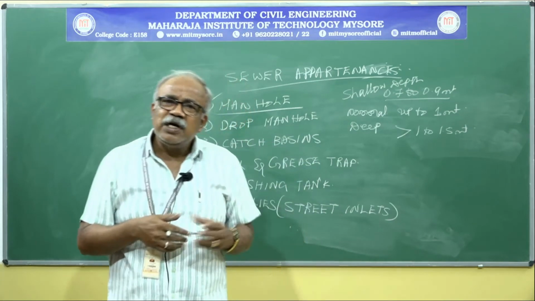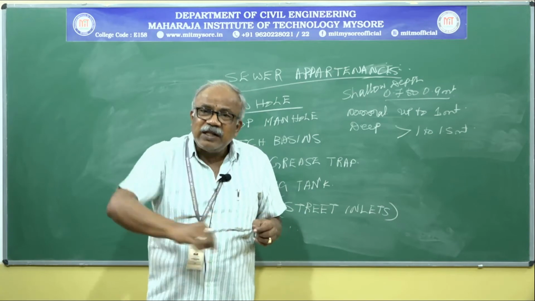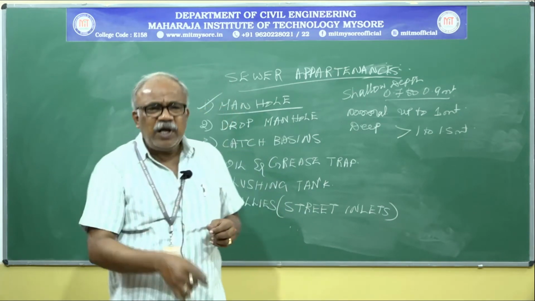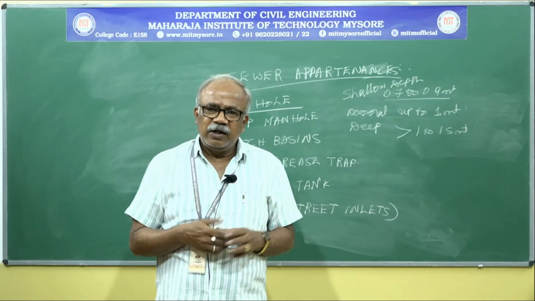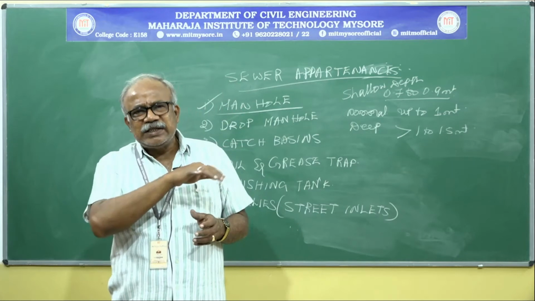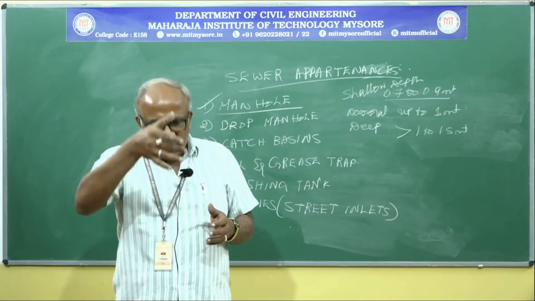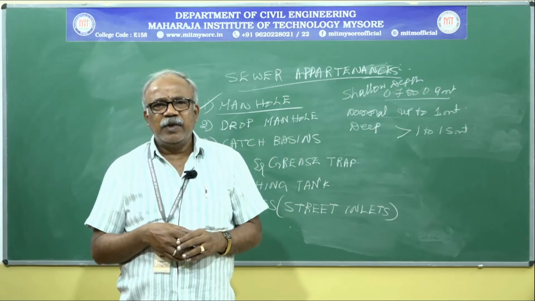Why? Because the person who is handling or maintaining the system should be able to move up and down to the bottom. The footrest, according to the standards, is 30 centimeter horizontal, so vertically a 20 centimeter gap.